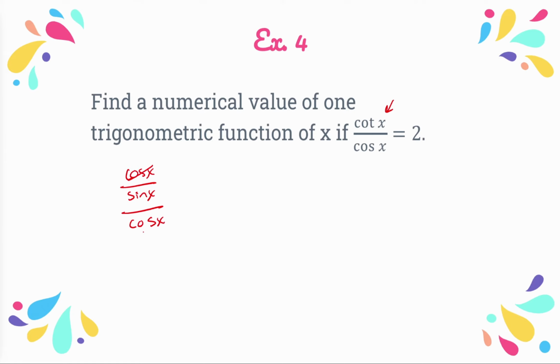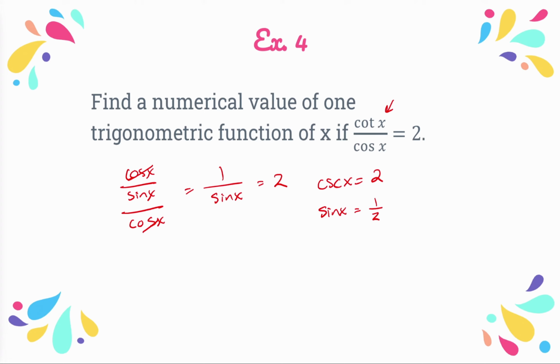And so that's going to cancel out our cosines and make this 1 over sine x equals 2, which would be cosecant x equals 2. Or the reciprocal would be that sine x equals 1/2.